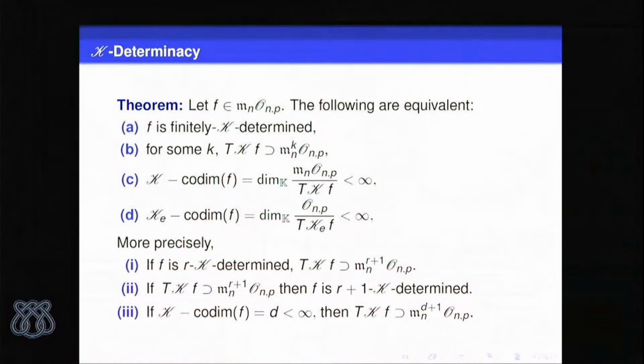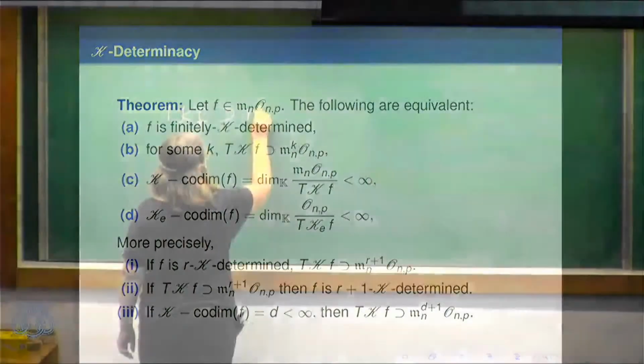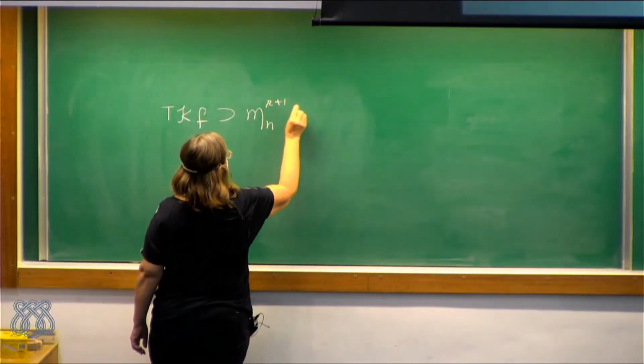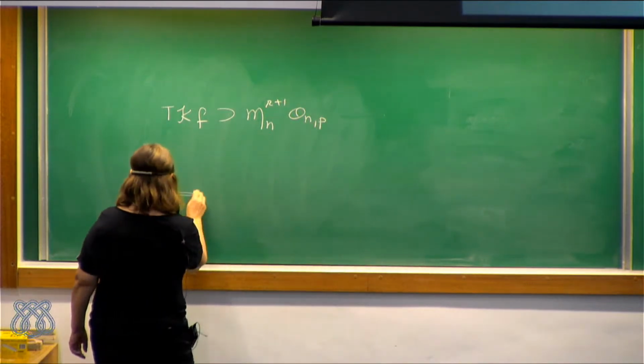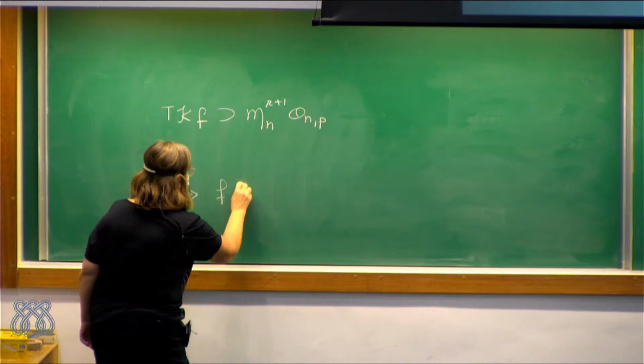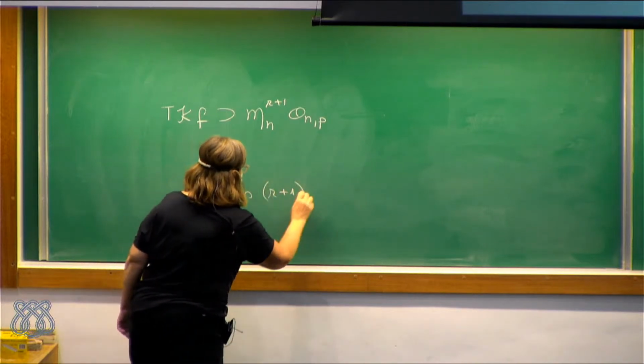And if the codimension is D, then it's D plus 1 determinate. Well, let's just look at this result here. If TKF contains Mn R plus 1 ONP, then F is R plus 1 determinate.